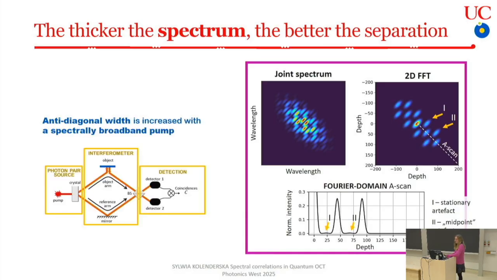So to increase this anti-diagonal width, one needs to use a pump, the laser that is used to generate photon pairs, that is spectrally broadband. And of course, there are restrictions for the crystal because the crystal has to allow that anti-diagonally broadband emission, if I could say it like that.